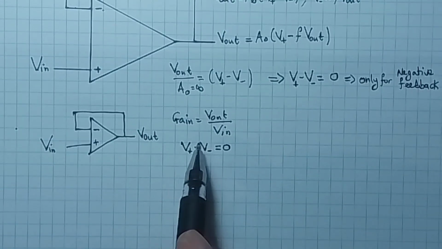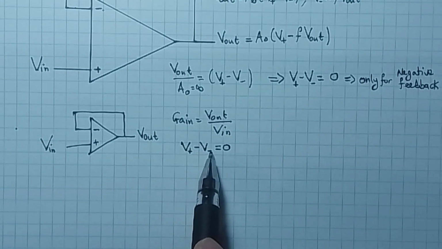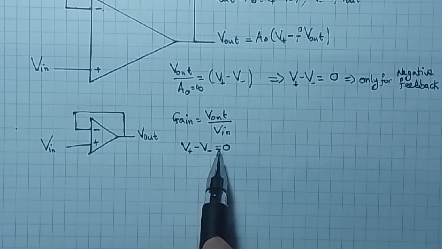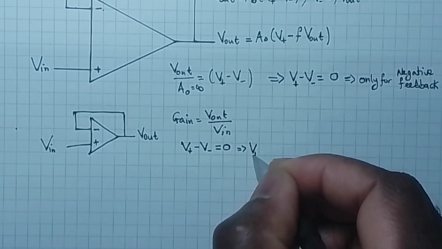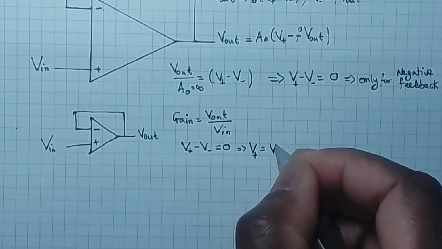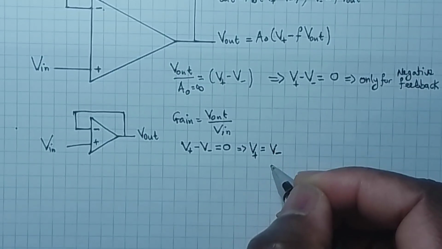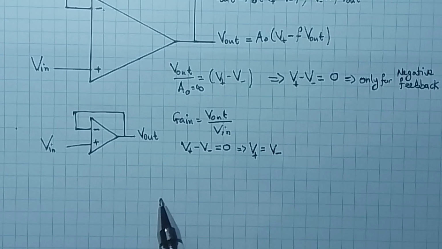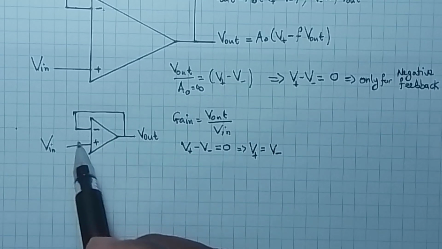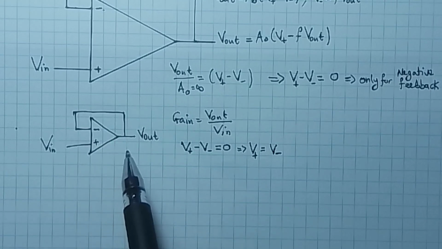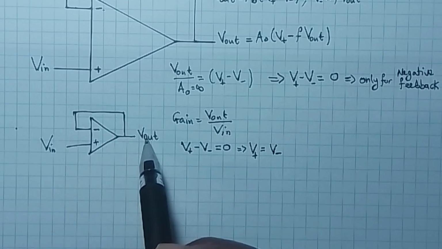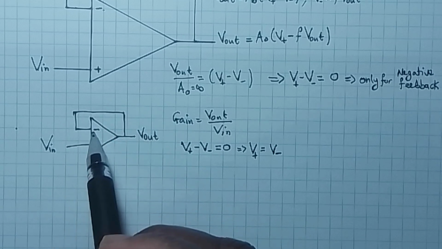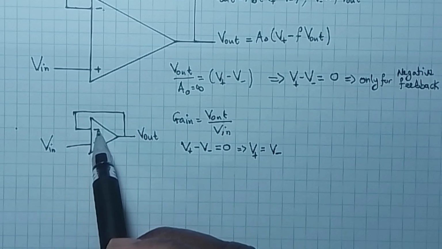So V plus minus V minus, according to rule 4, should be equal to 0. If this is the case, then V plus should be equal to V minus. And from this example, we can see that V out is directly connected to V minus.